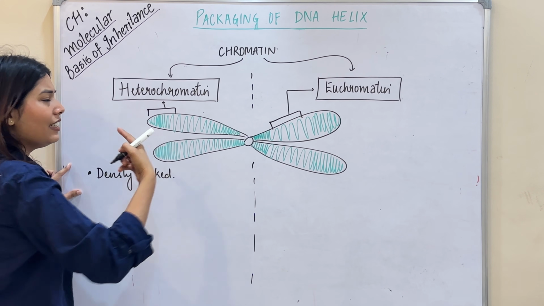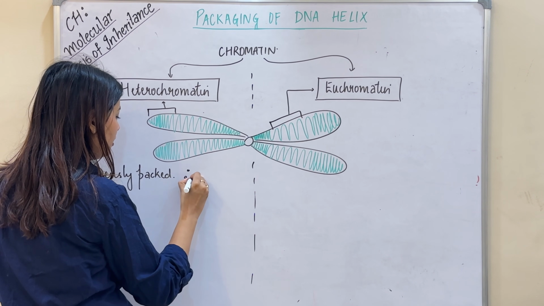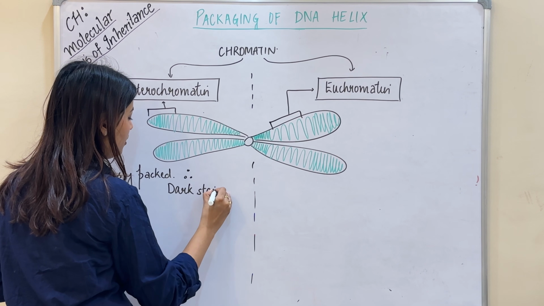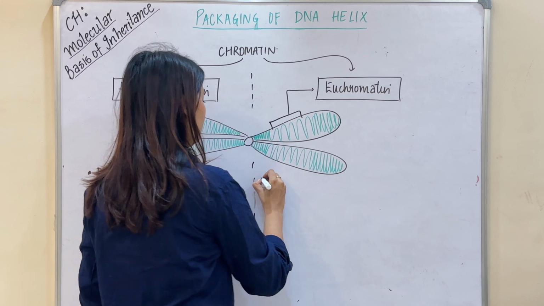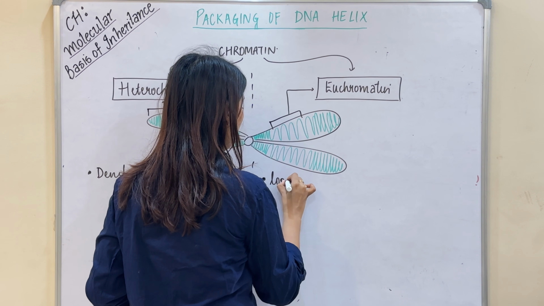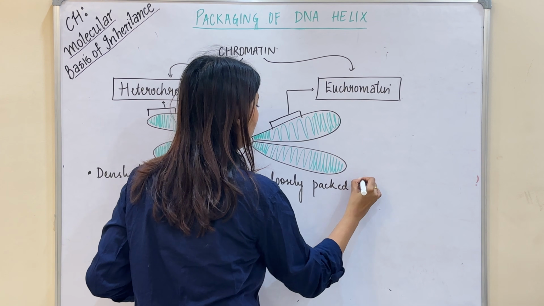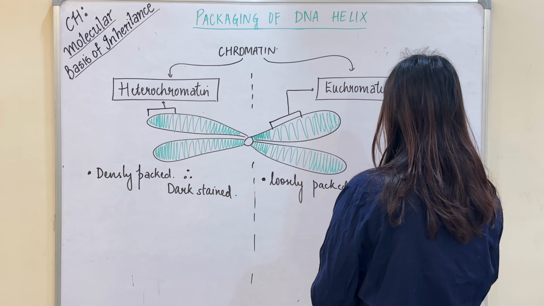If anything is densely packed, it is going to catch more stain. So they are the dark stained part. Euchromatin is loosely packed, so they are lightly stained.